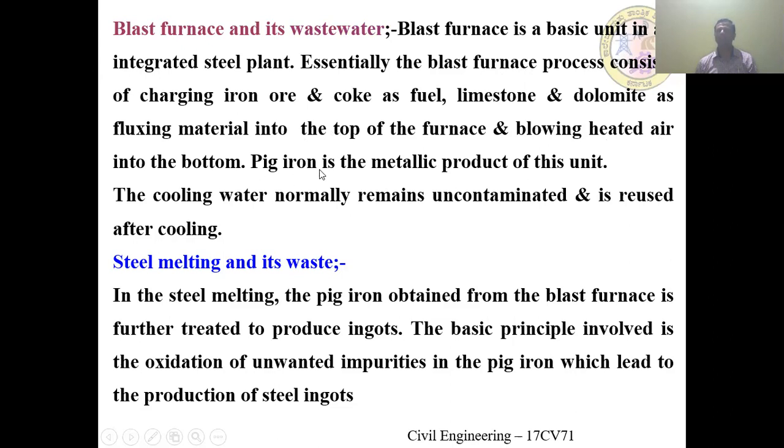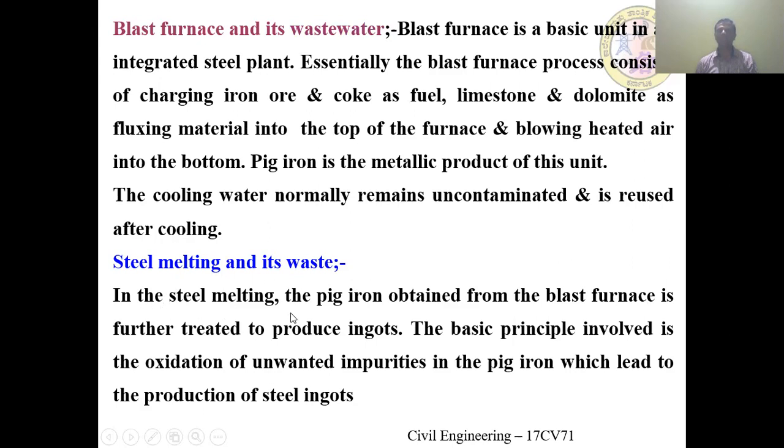Pig iron is the metallic product of this unit. Further, the cooling water normally remains uncontaminated and is used for cooling. So in the blast furnace, you add iron ore, coke, limestone, and dolomite as fluxing materials. Then for cooling, again, water will be recycled.